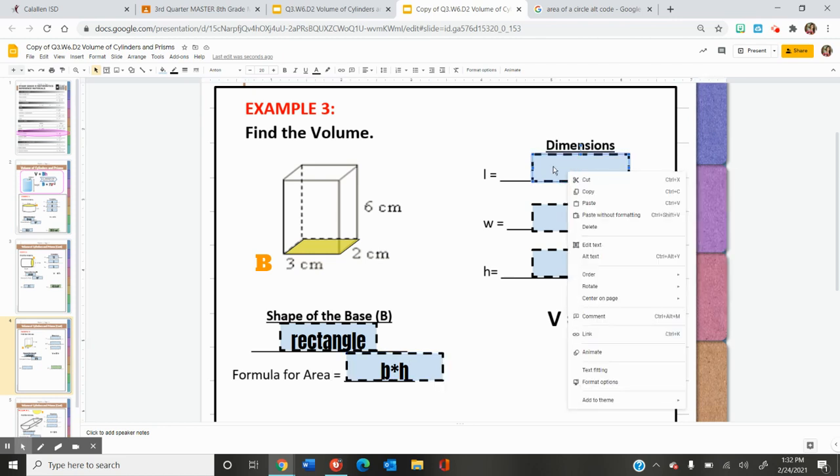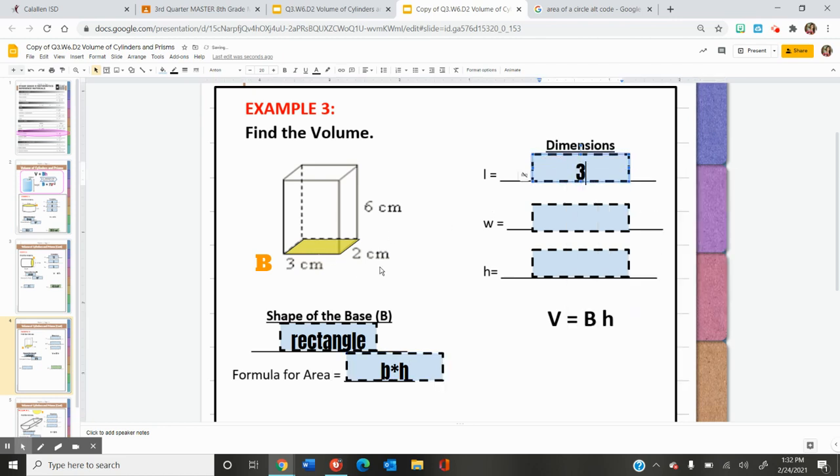Now, length and width of your prisms can be interchangeable, but what really matters is your height. So the length is 3, the width is going to be 2. Now, when it comes to your height, remember, this is going to be the distance between both of your base shapes. Now, I have my first base shape here and my second here. So the distance between them is 6 centimeters, so my height is going to be 6.